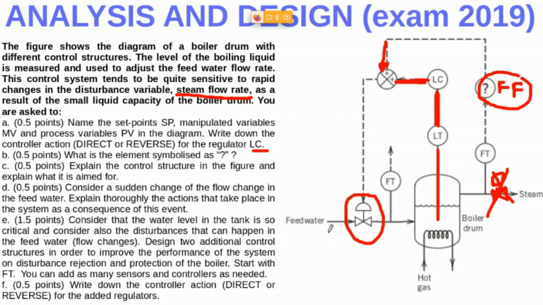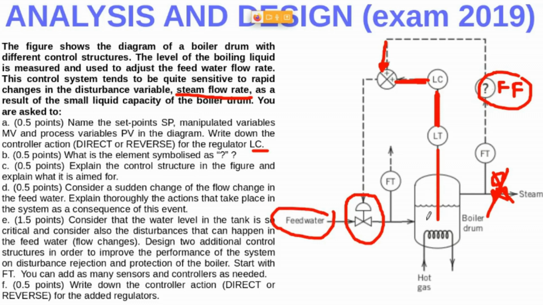change in the feed water. So we are discussing now the feed water. Explain thoroughly the actions that take place in the system as a consequence of this event. If something changes in here, obviously the level will be affected.